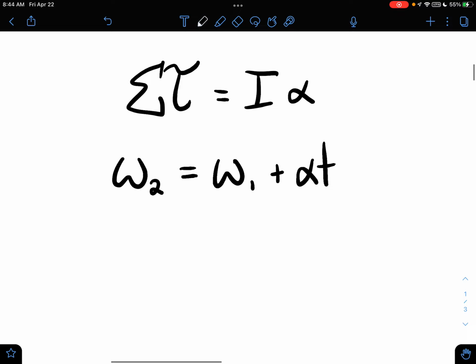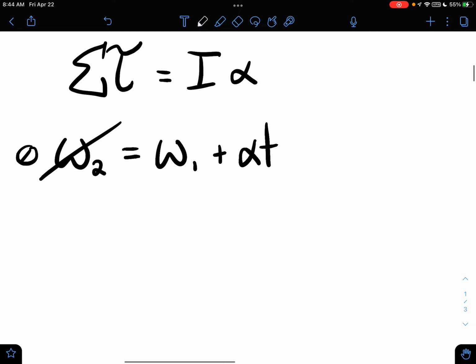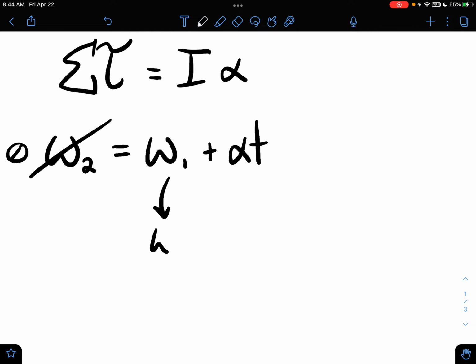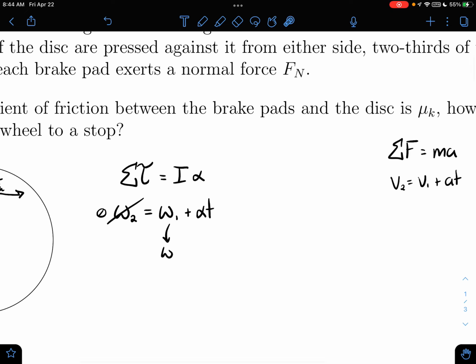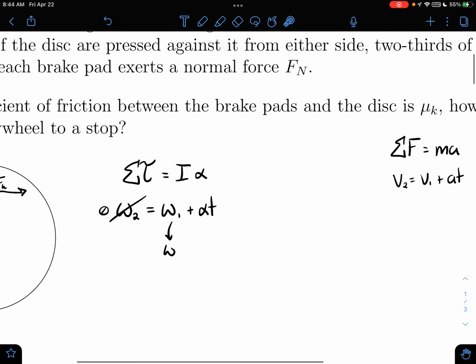Okay? And we know that our omega 2 is 0 because we're coming to rest, and we were given that this is just some variable omega. So all you have to do is get our sum of torques and our I, so we can solve for alpha in terms of things we may know. Then plug it in here and solve for t. And that is our final solution.